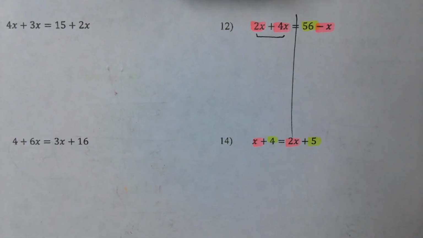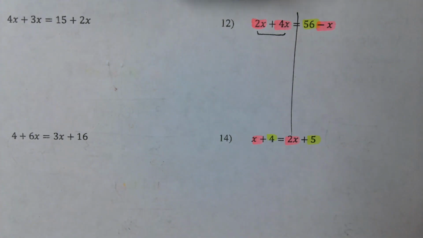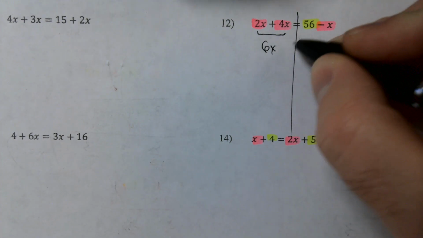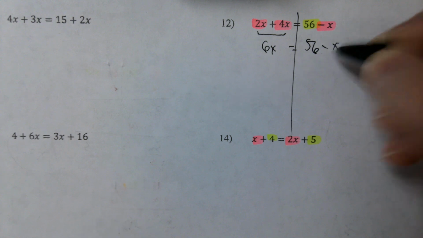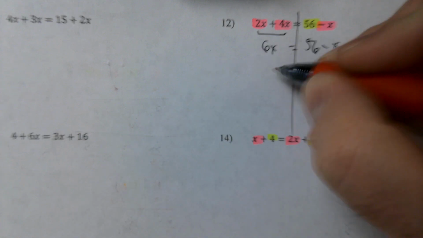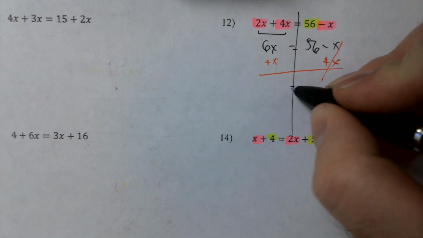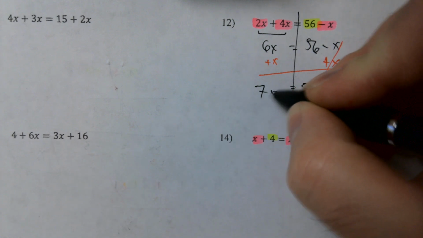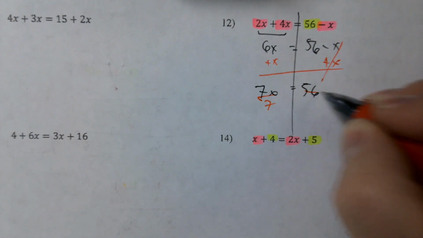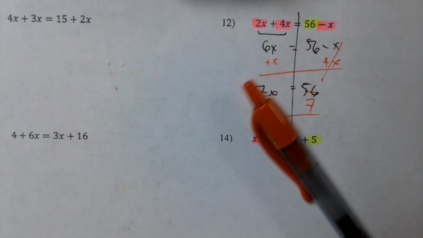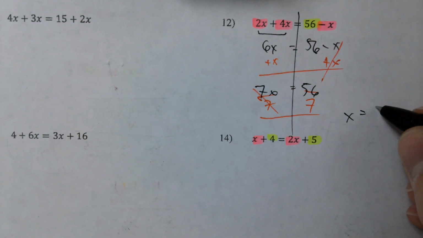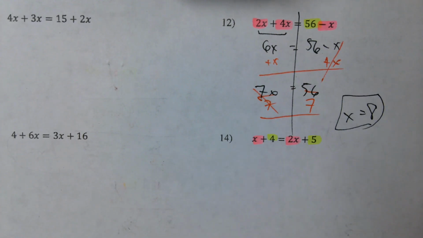We've got 2 pink terms on the same side, so we're going to add those up. What is 2x plus 4x? 6x. Now I can add my x to both sides, which gives me, what's 6x plus another x? 7x. I divide by 7, and I get x is equal to 8.